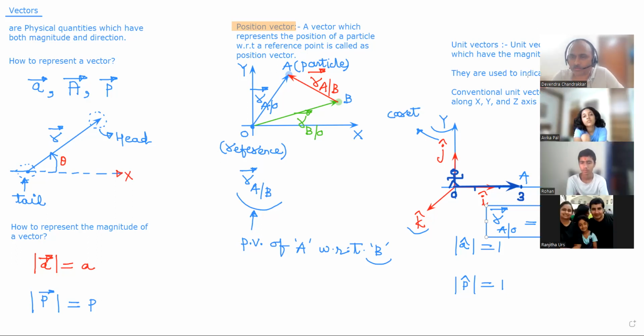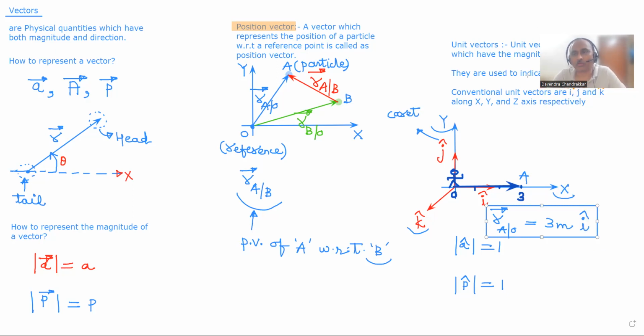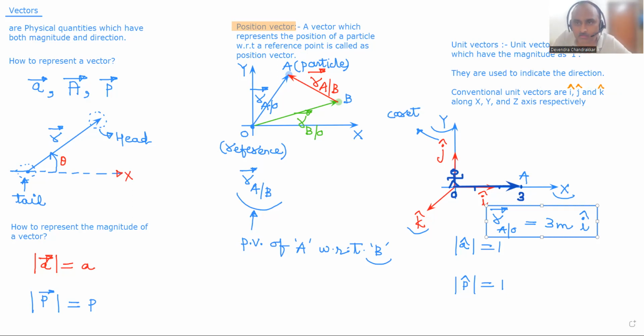Ranjita, understood? Yes, sir. Okay, all of you, note it. Please make a note of it. All of you, copy it. And once you are done, just type done in the comment window or tell me done.